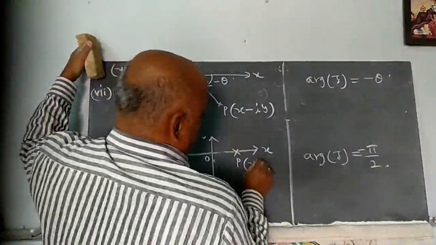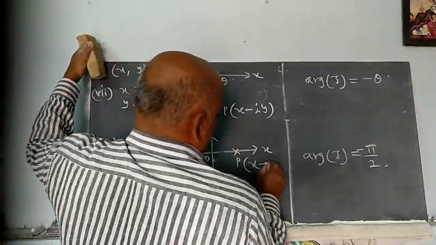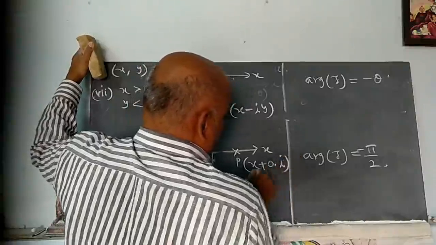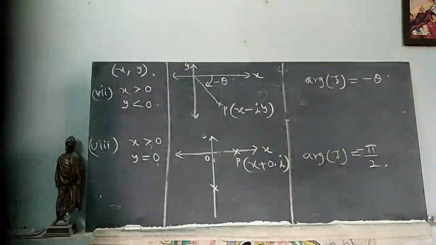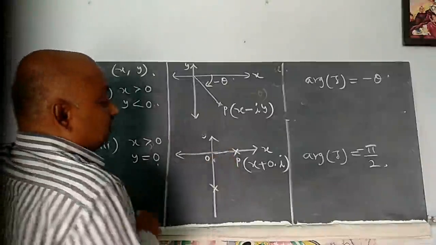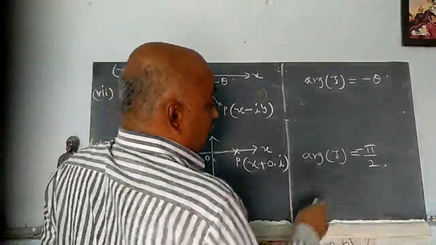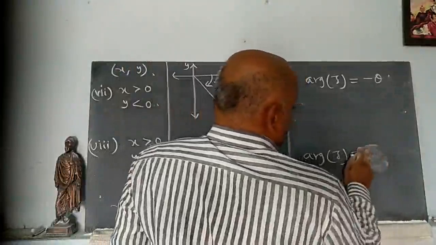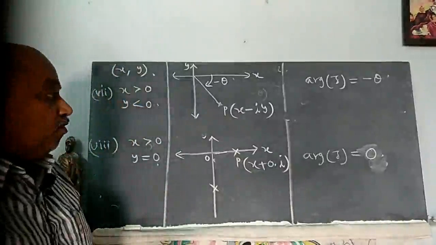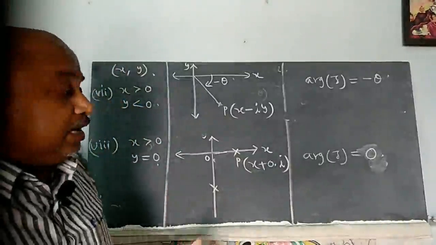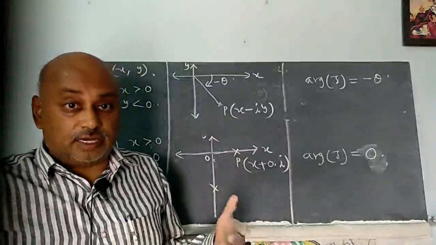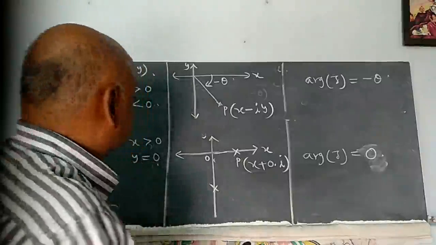So x plus 0 into i. In this case, the principal value of the argument of z is 0. So in this way, theta, the principal value of the argument of z, varies.